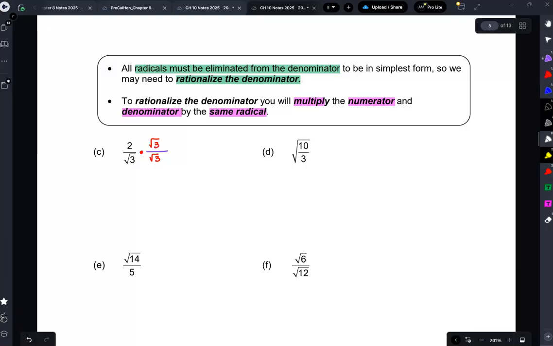So now, take a look at what happens. Here, I just have 2 root 3. Okay? Here, I have the square root of 3 times 3, which is the square root of 9, which is what? 3.